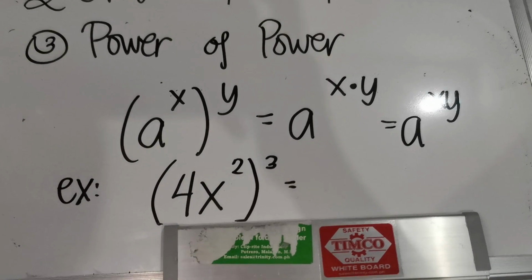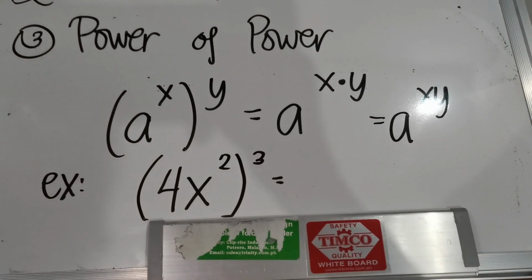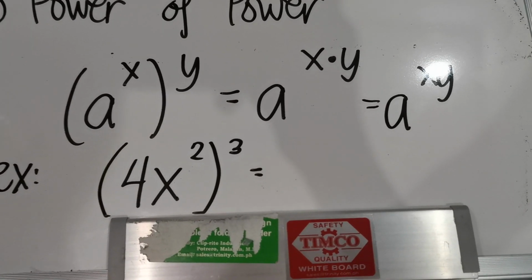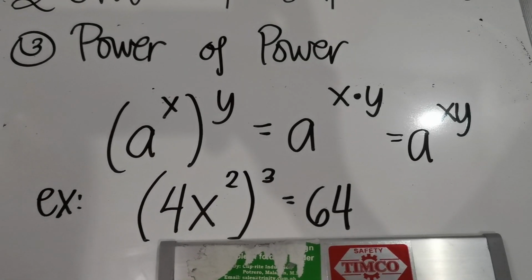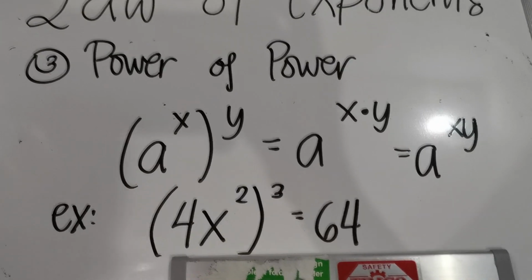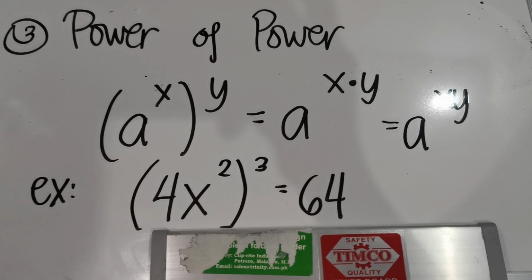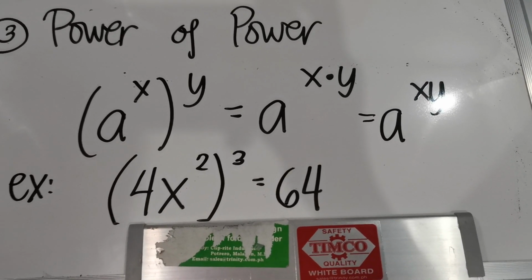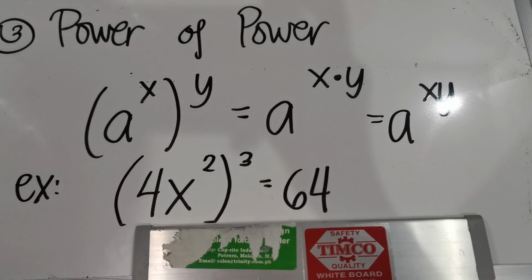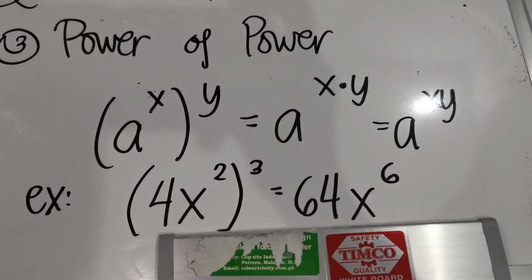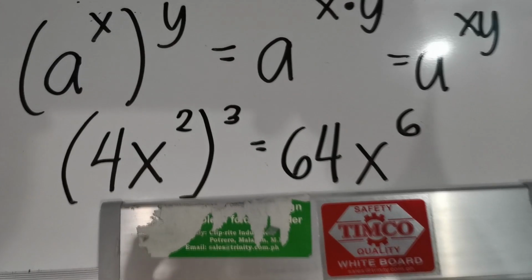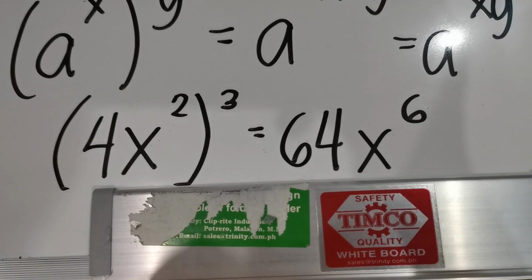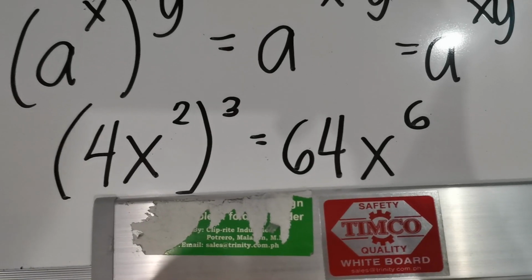In this case, i-distribute natin yung cube. So, unahin muna natin yung numerical coefficient natin. 4 times 4 times 4 is 64. And then, according to the power of power, if we have an exponent raised to another power, you just have to multiply. Or simply, i-distribute lang natin yung power. So, 2 times 3 is 6. So, therefore, 4x squared raised to the third power is simply 64x raised to the 6th power.